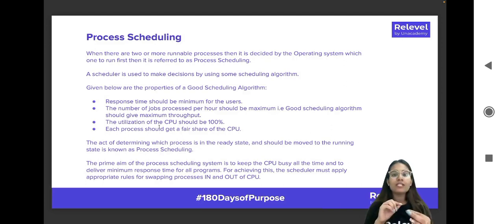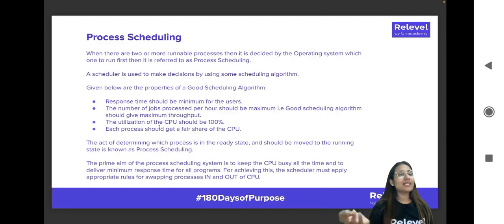If you have a single process, then the operating system has no choice but to run that process. But if you have two or more runnable processes, then it is decided by the operating system which one to run first. That process of scheduling the processes by the operating system is known as process scheduling.